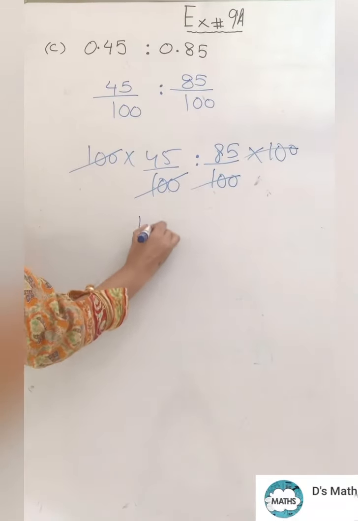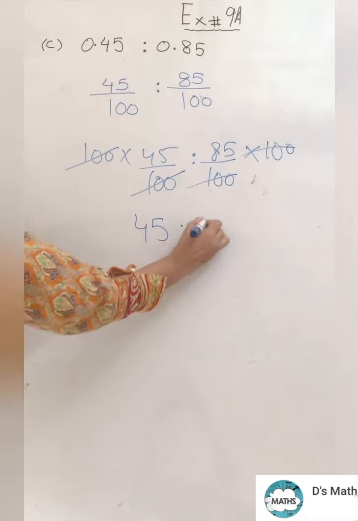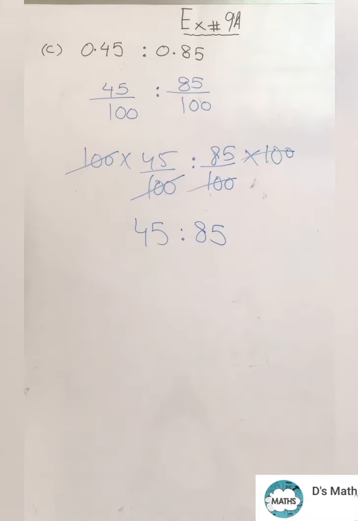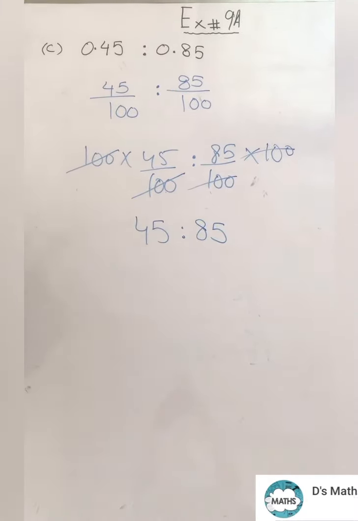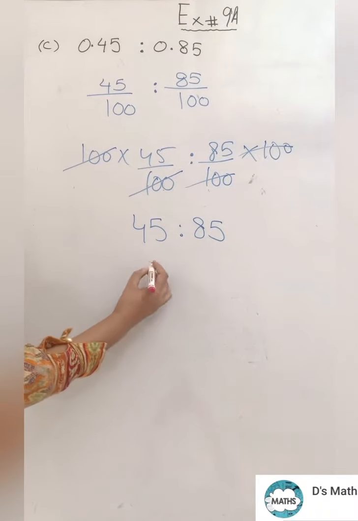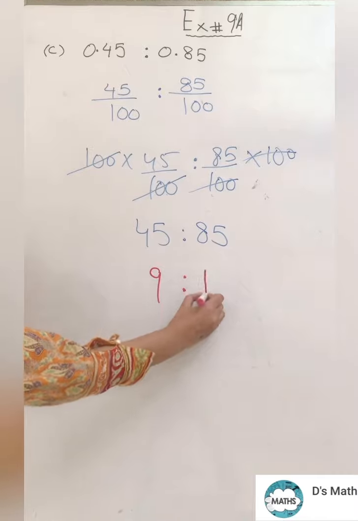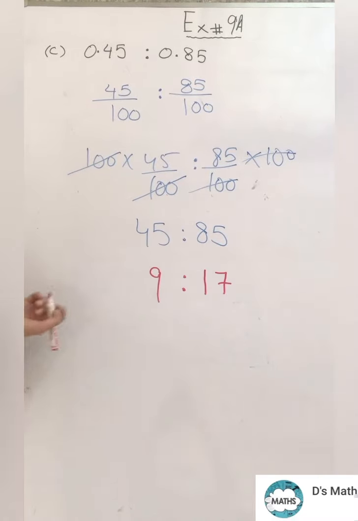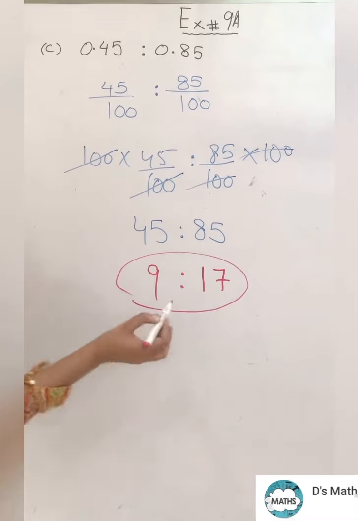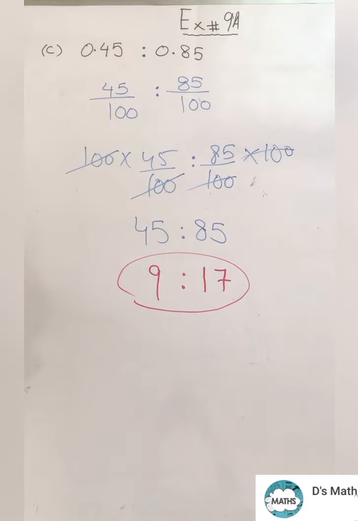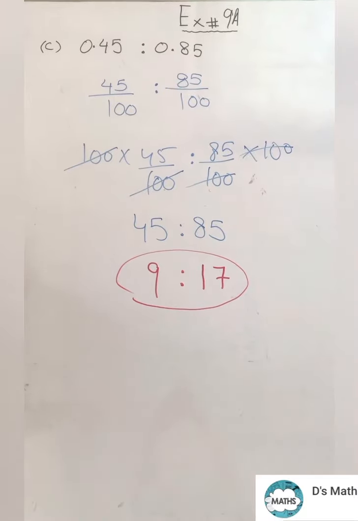You have the answer 45 ratio 85. Now you want to further simplify it. You have to choose a table on which we will divide both the numbers. So we will choose 5. 5 9s are 45 and 5 17s are 85. So this is your answer in the simplification of 0.45 ratio 0.85.